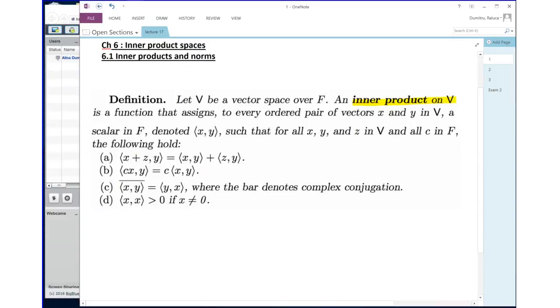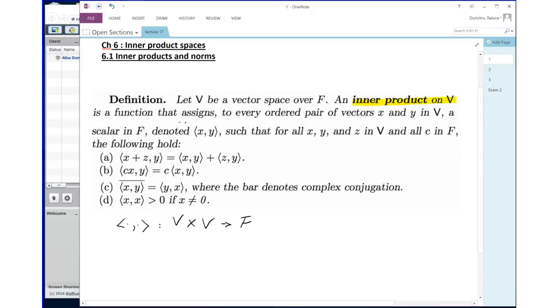So on a vector space V, an inner product is seen as a function that looks like this. It has two variables, so it's defined on V cross V. Both of the two entries are in V. So I define it on a pair of two vectors with values in the field of scalars, R or C or whatever it is.